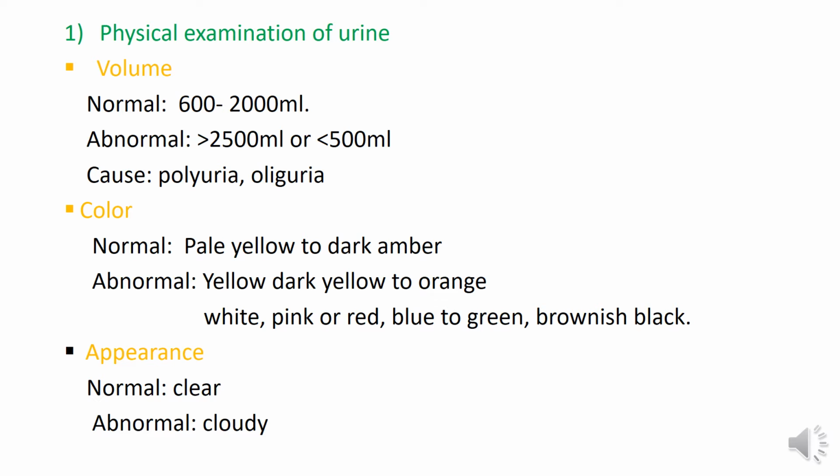If the urine is more than 2500 ml, polyuria occurs, and if the urine is less than 500 ml, oliguria occurs. Oliguria is a decrease in 24-hour urine secretion to less than 500 ml, and anuria means the complete suppression of urine.